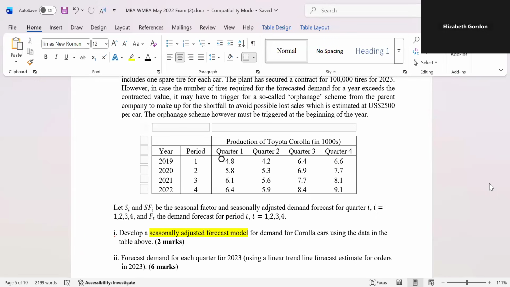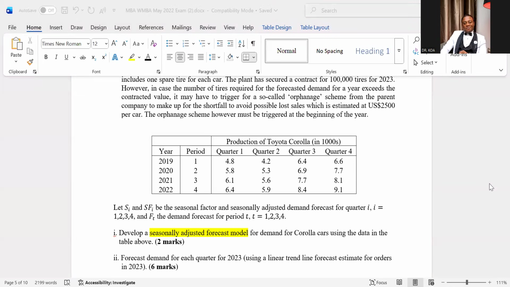So SI is a seasonal factor, and SFI is a seasonally adjusted demand forecast. Okay. Now, the SI is a seasonal factor for each quarter. Take note, each quarter. And the SFI is also the seasonally adjusted forecast for each quarter.